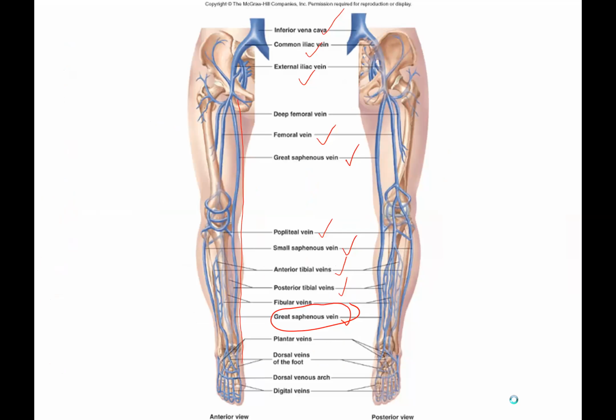Okay. So you have the great saphenous vein, which is the longest vein in the body. By the way, this is a vein that surgically they can remove if they need to do a heart bypass.